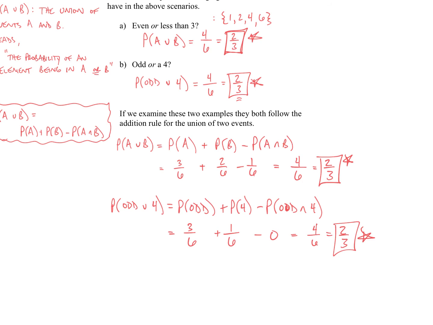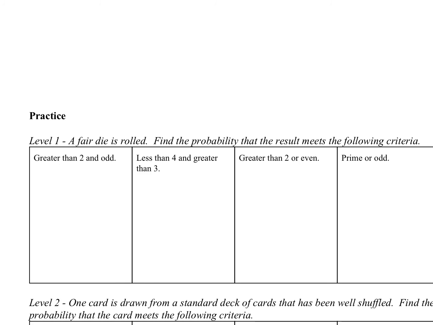Okay, let's just do a couple quick practice problems, and then you can start working on the homework problem set. Okay, so we're on the back of the notes here, and we're going to go through all 4 of these. Go ahead and calculate the probability that if a fair die is rolled, you will get a number that is greater than 2 and odd.